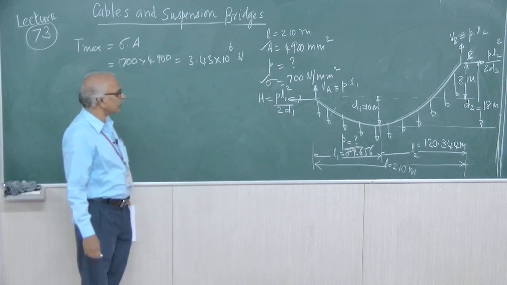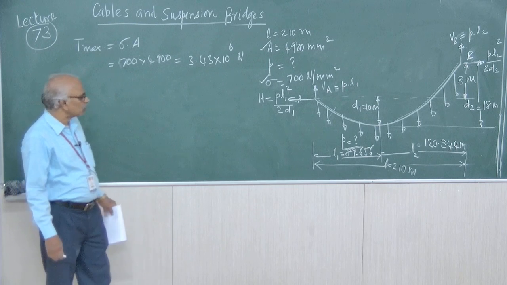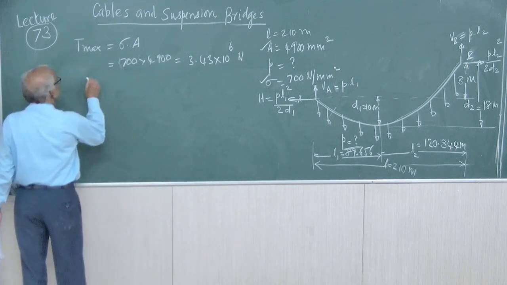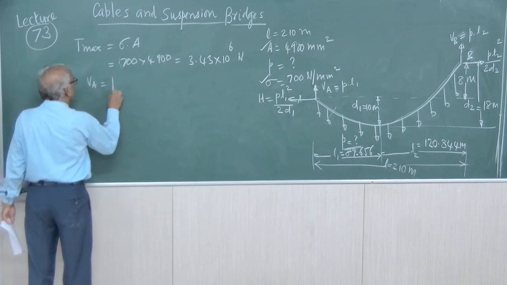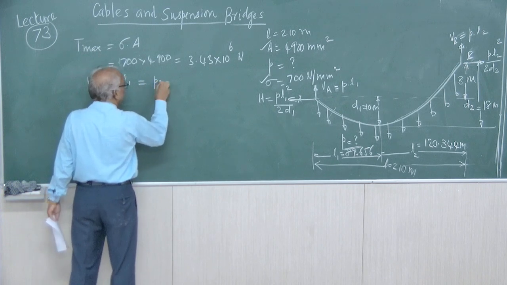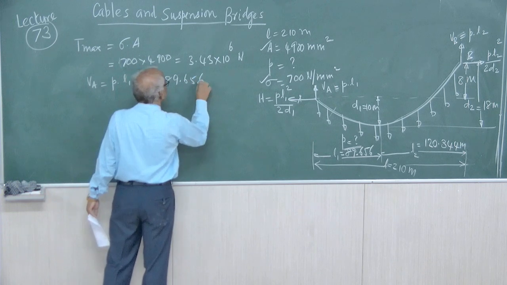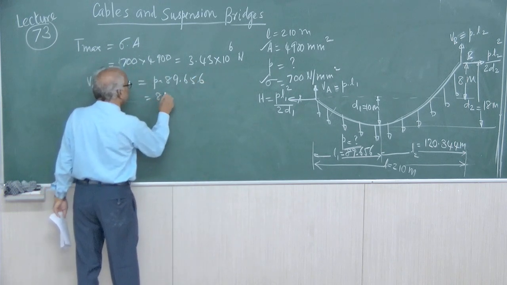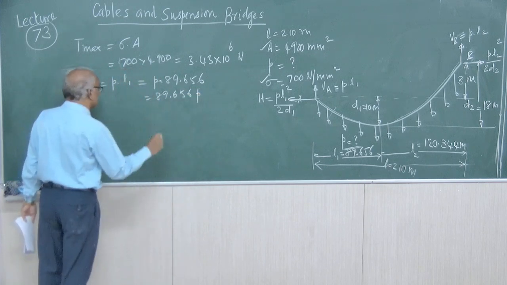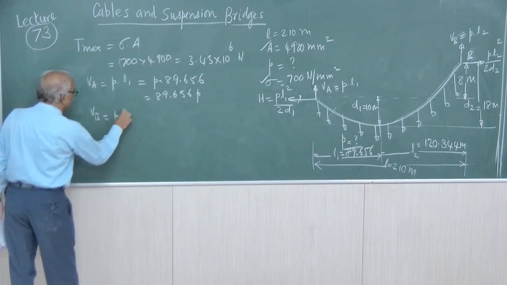HA will be equal to HB, so you would use the formula and find the horizontal tension. Therefore VA equals P into L1. P is unknown, L1 is 89.656, so VA equals 89.656 P. VB equals P into L2.